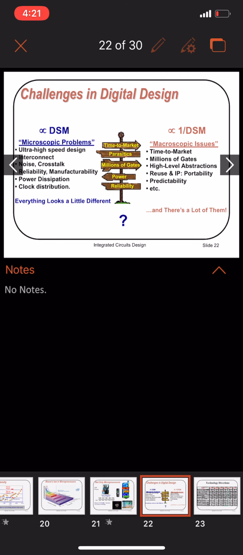Microscopic problems include ultra high speed design, interconnects, crosstalk, noise, power dissipation, clock distribution, and reliability, while the macroscopic issues include time to market, you know, millions of gates, high level abstractions, etc.